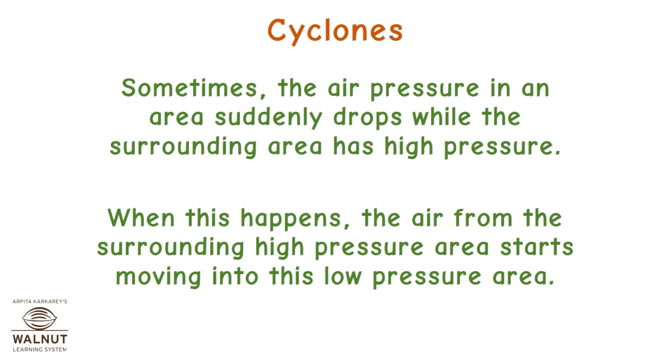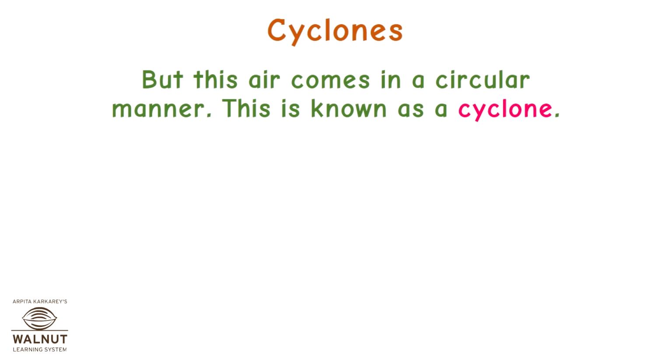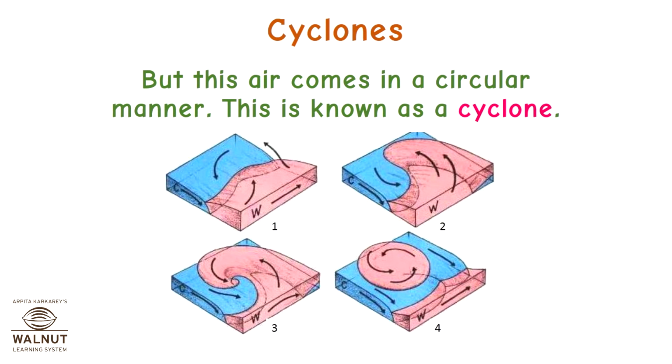Cyclones. Sometimes the air pressure in an area suddenly drops while the surrounding area has high pressure. When this happens, the air from the surrounding high pressure area starts moving into this low pressure area. But this air comes in a circular manner. This is known as a cyclone.